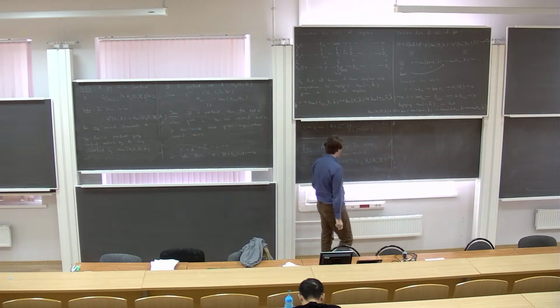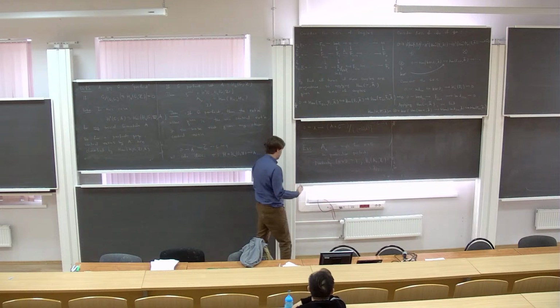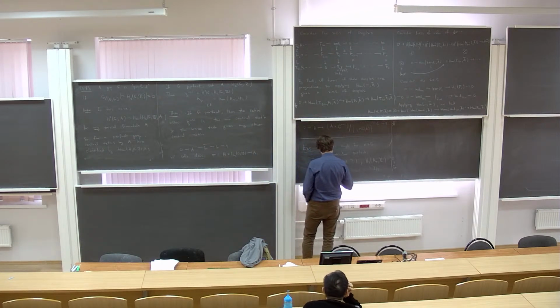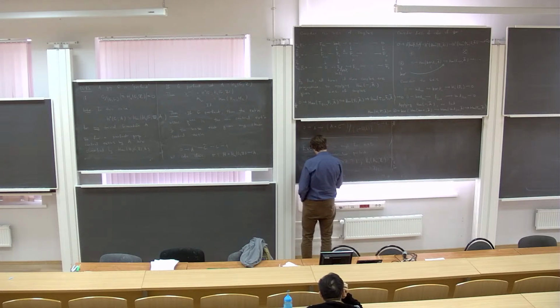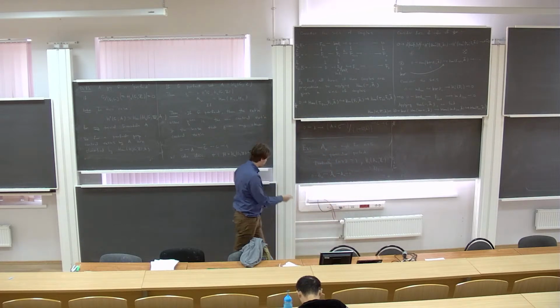So the universal extension looks like some extension of A_n by Z mod 2. Okay, so we'll find a way to describe it, to compute it.